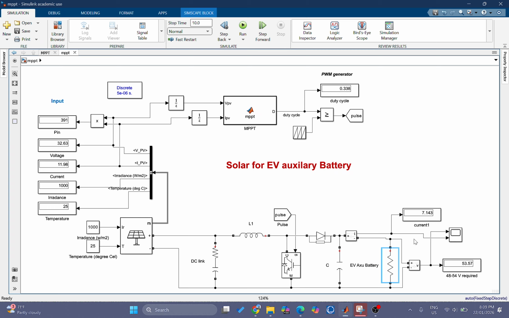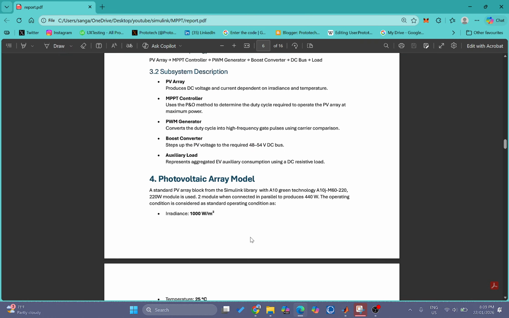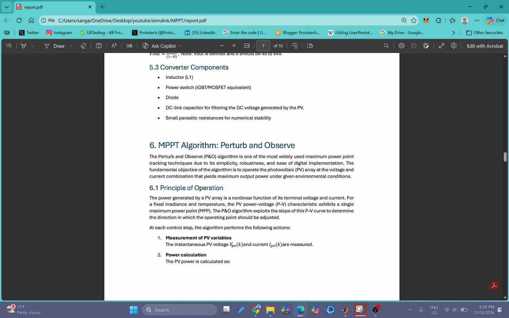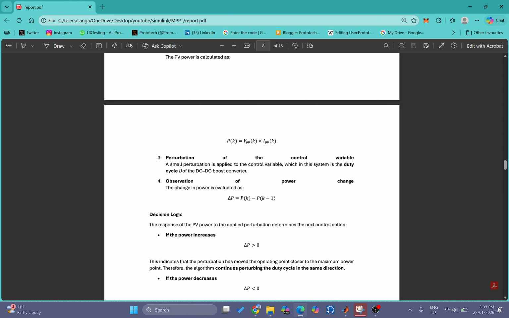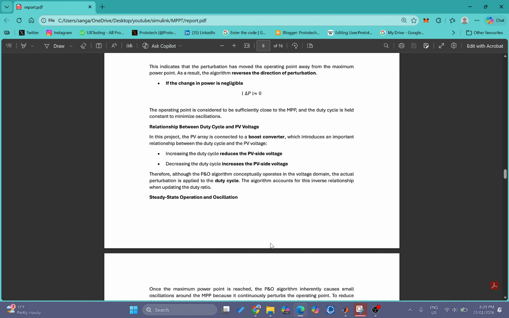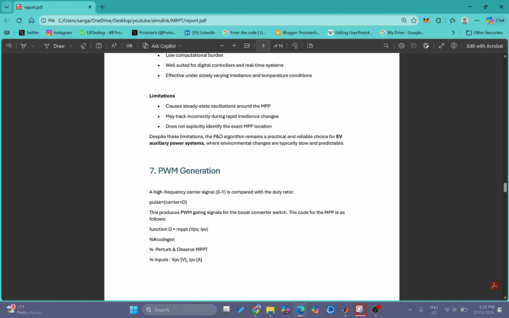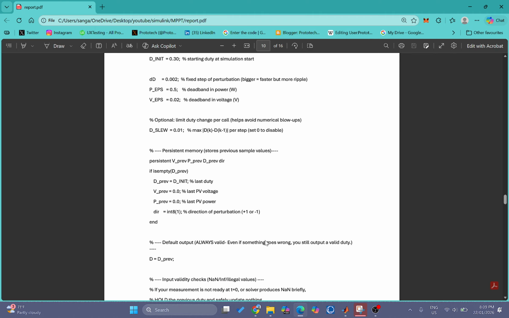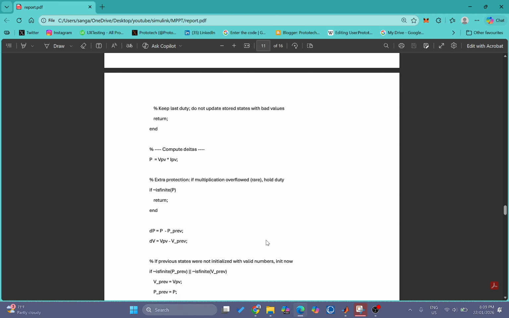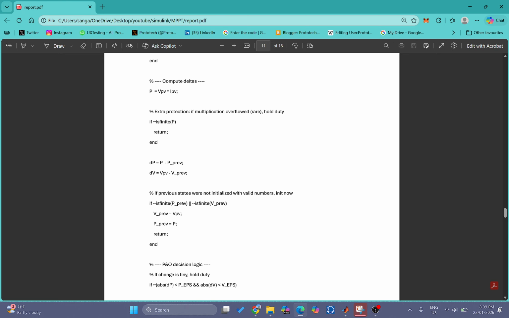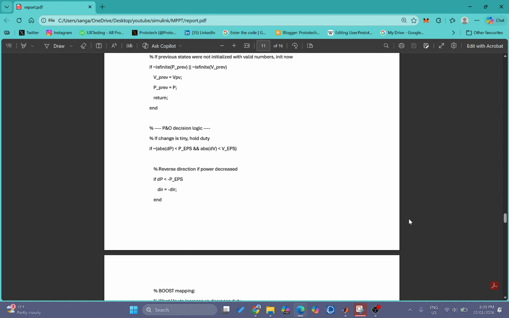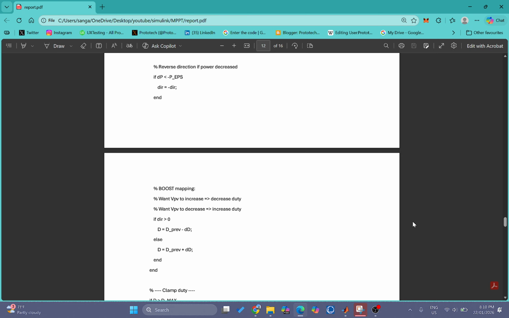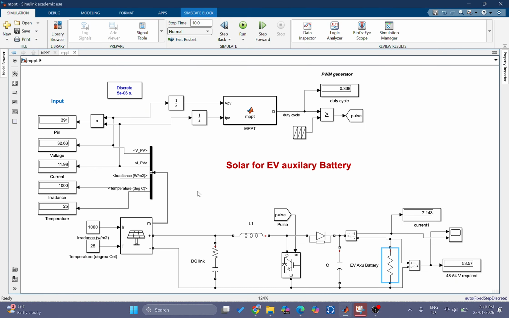Moving into the further outputs, we can bring some improvements in the model, that is by adding a 48 volt battery with CC or CP charging controls, using real solar irradiance data instead of going with the standard condition like 1000 irradiance and 25 degrees Celsius.